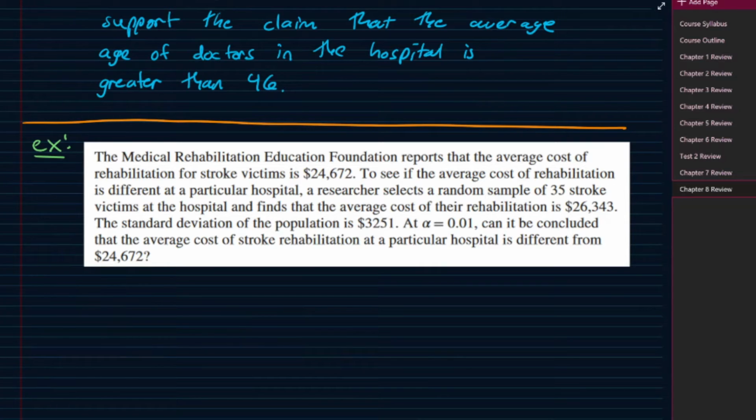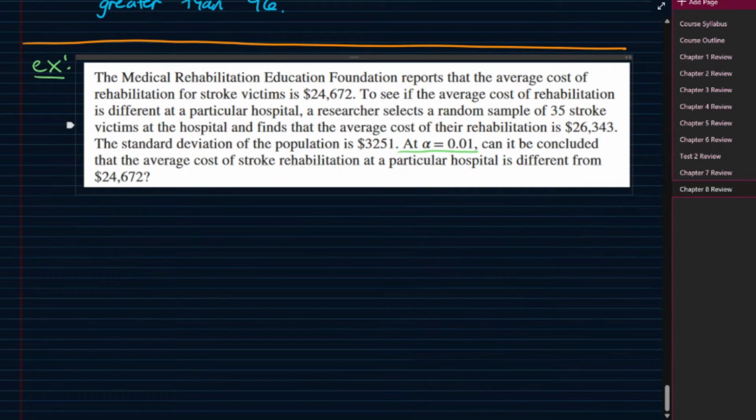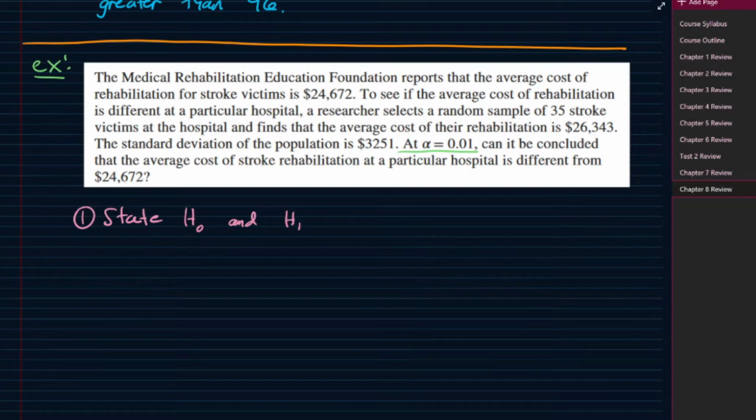So, they're telling us a significance level and to test something, so that means do a hypothesis test. Step 1, we state our null hypothesis and alternative hypothesis. Go ahead, try to figure it out.